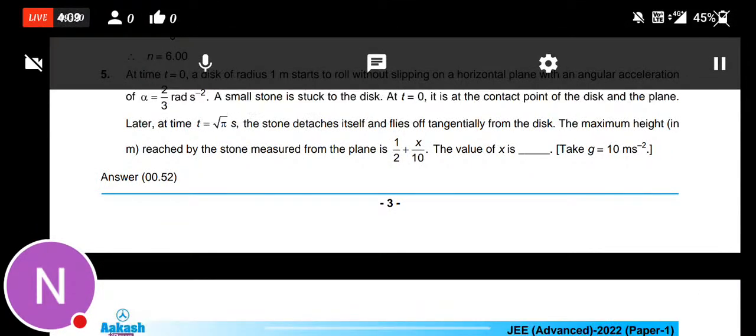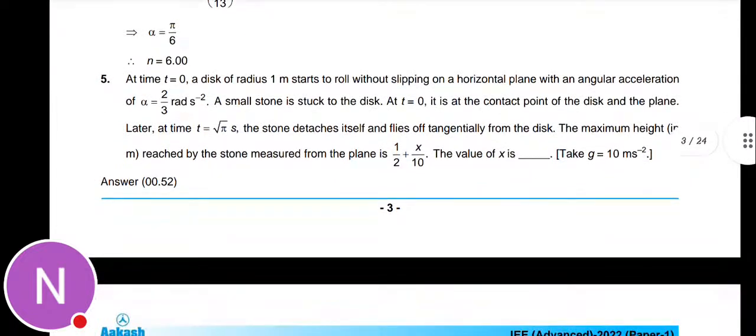So moving on to our next question, question number 5. Here they have asked: at time t equal to 0, a disk of radius 1 meter starts to roll without skipping on a horizontal plane with an angular acceleration of α equal to 2π/3 radian per second squared.